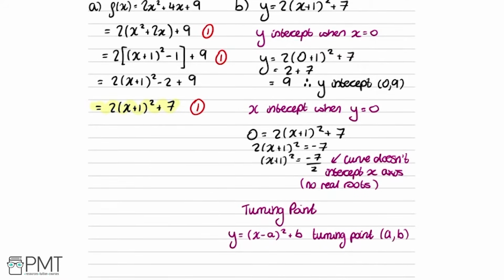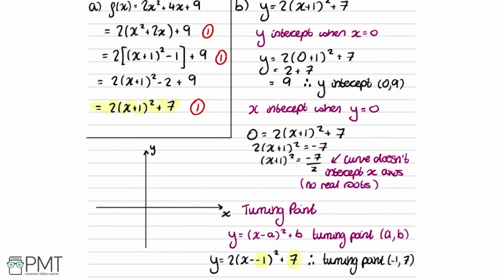Well, that's great because our curve is actually in that form, so we can easily work that out. So we've got y equals 2(x plus 1), but I'm going to write it as minus minus 1, because that just makes it easier to visualize, squared plus 7. Okay, so look at that, we can see that the turning point will be at minus 1, 7.